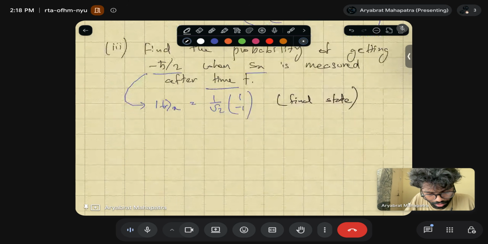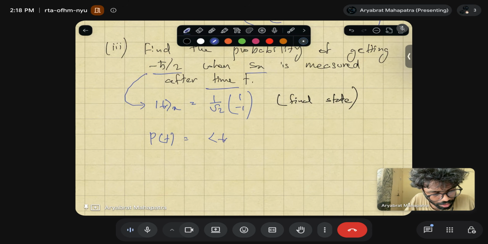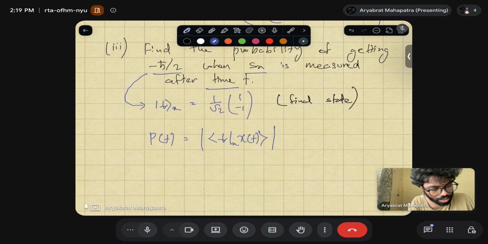Then we have to calculate the probability. The probability can be written as the conjugate of the final state in x, because that is your final state, and the inner product is with the chi of t state, and you take the magnitude square.